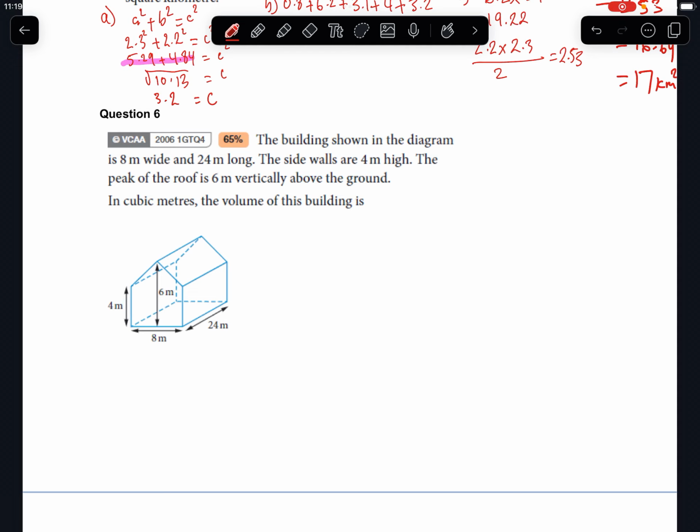Whenever you're finding the volume of a shape like this, you can find the area of the front side, shaded in pink, and then multiply it by 24.